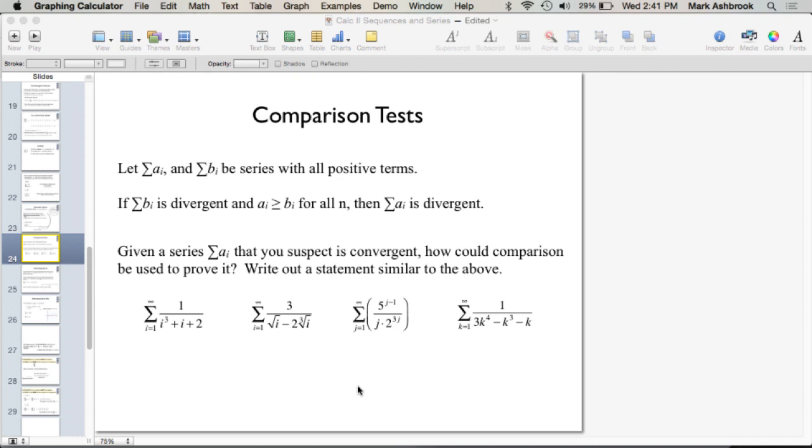So you suspect that the sum of a_i is convergent. How could you prove it with comparison? Can you rewrite that statement up there so that it proves the series a converges? Give it a shot. What would it mean to prove by comparison that it's convergent?